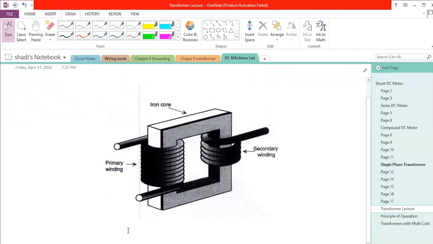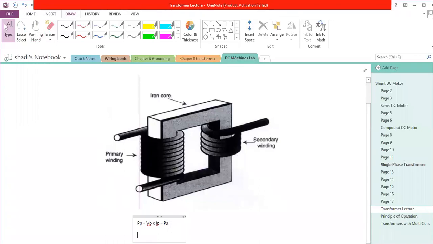So if I want to write it here, the power at the primary equals V primary times I primary, and this must be equal to the power at the secondary.